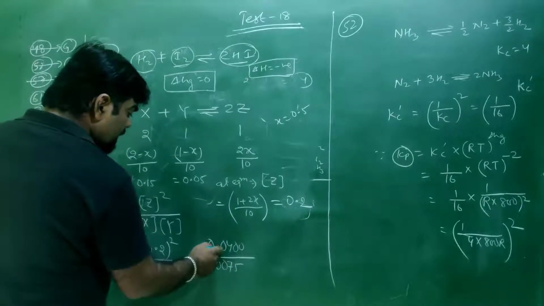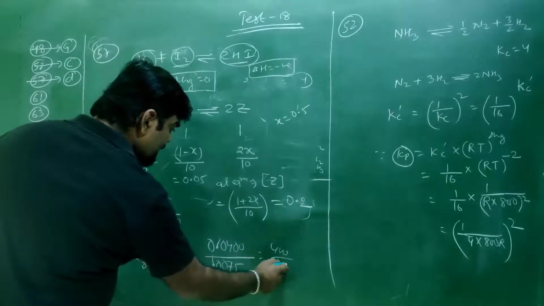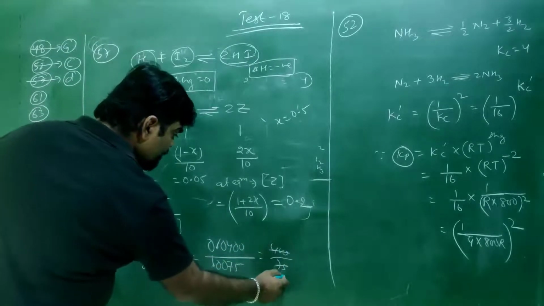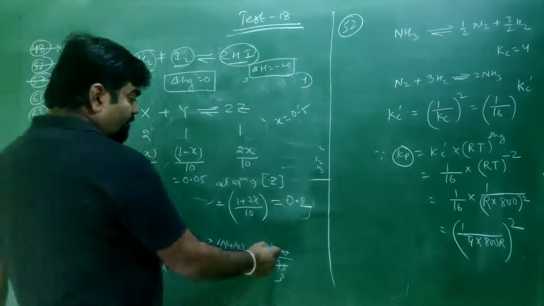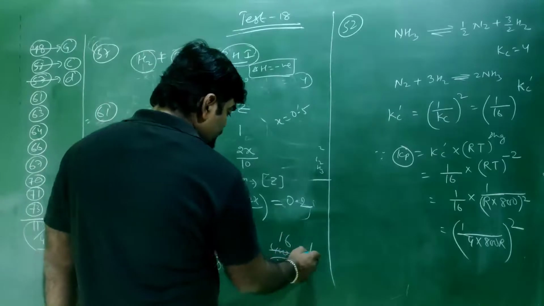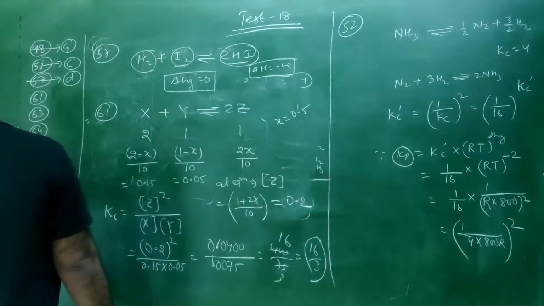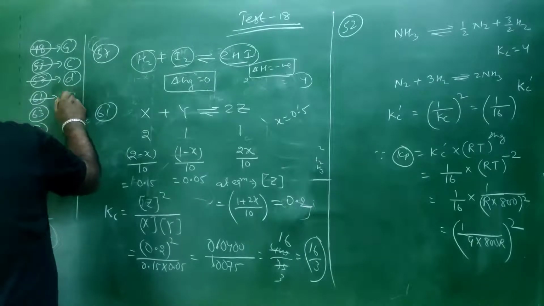So this becomes 400 by 75, which is 16 by 3. Where is the answer? C, question 61. So the answer is C.